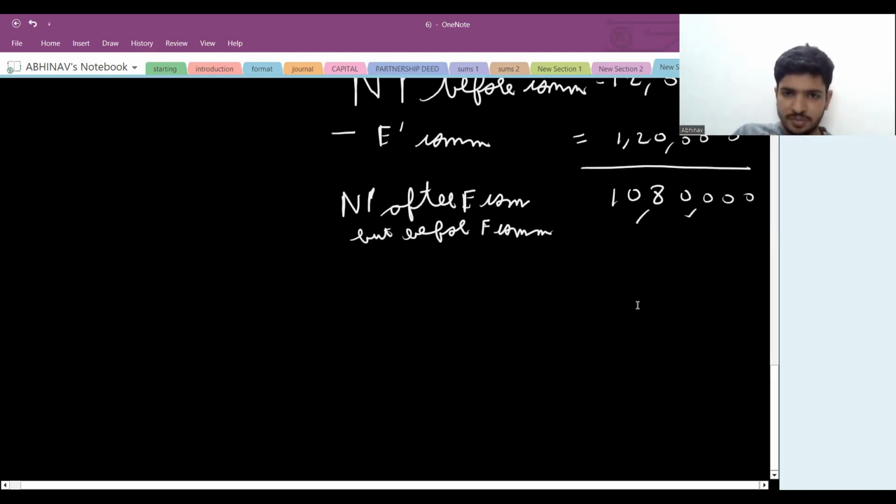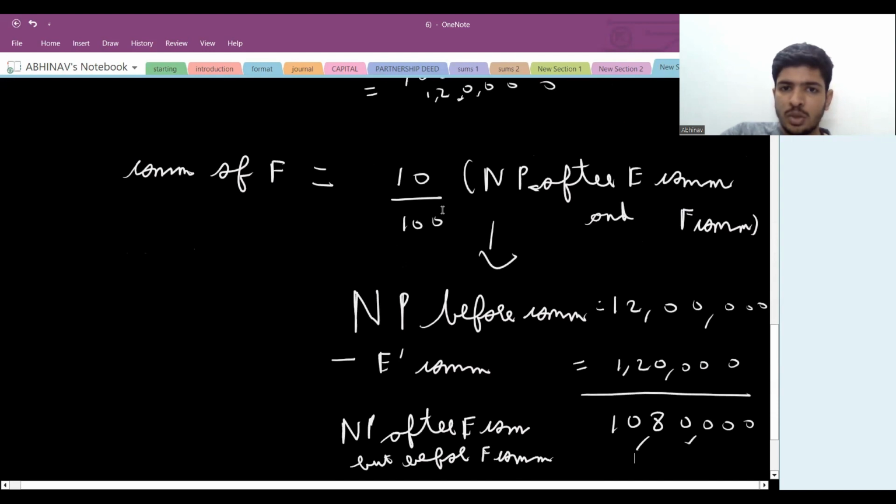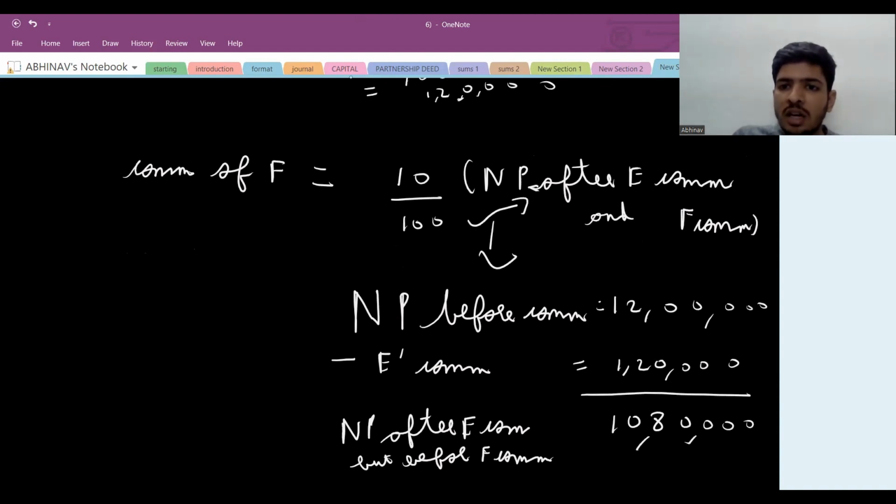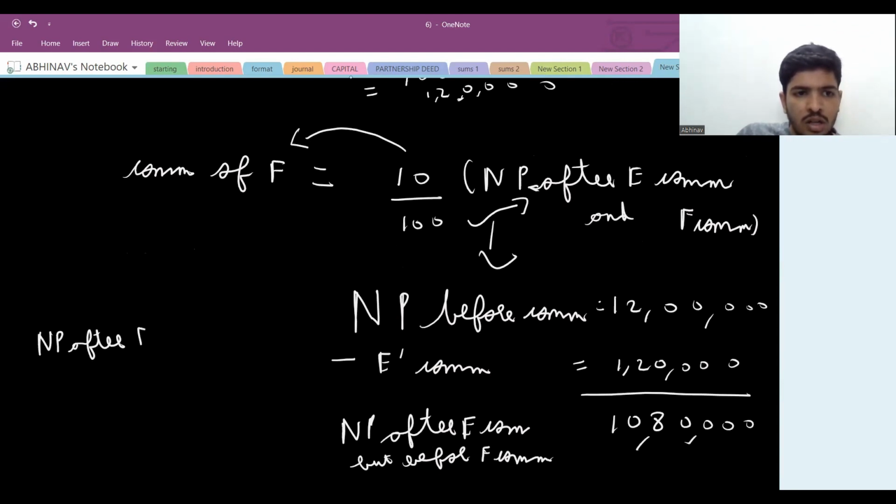Now, finally, look at this question. Look at this equation. Here they're telling: if net profit after E's commission and F's commission is 100 rupees, commission of F is 10 rupees. Again, same method. Net profit after E commission and F commission.